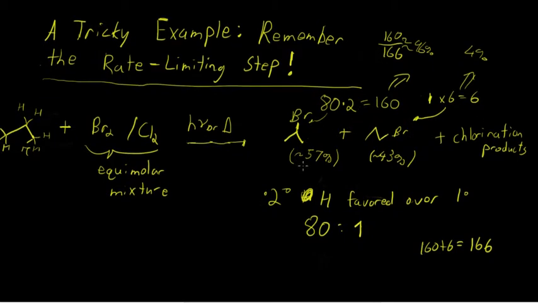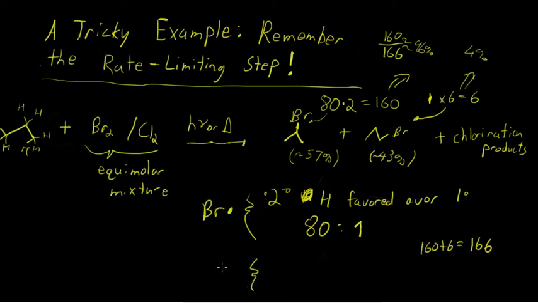And what happened here is this is actually, even though this is bromination, this is the distribution you'd expect for chlorination products. Because remember, in chlorination, the selectivity, so this is bromination, Br.